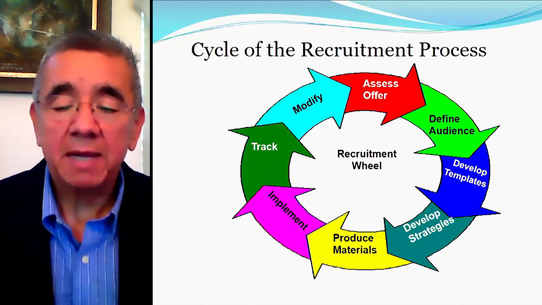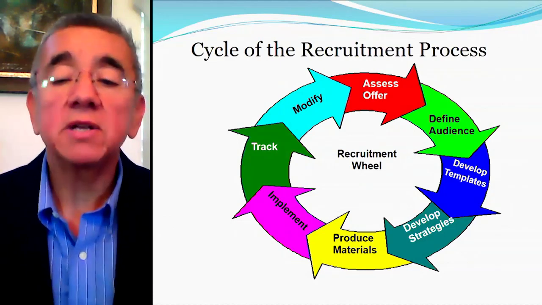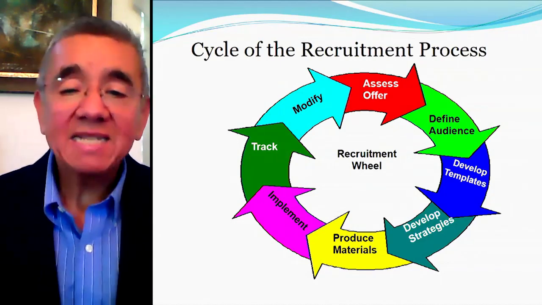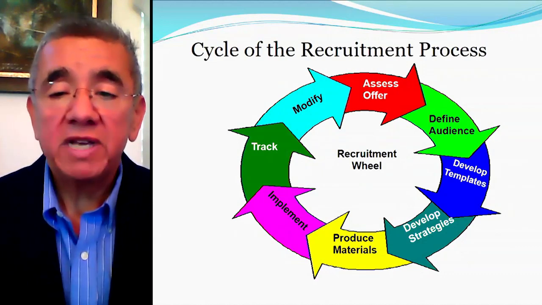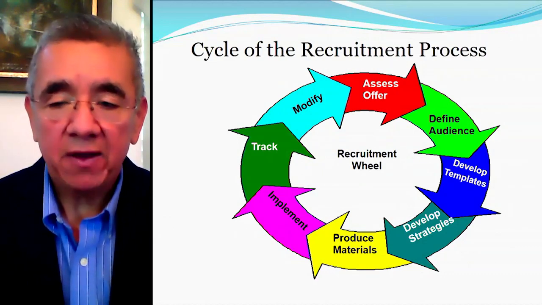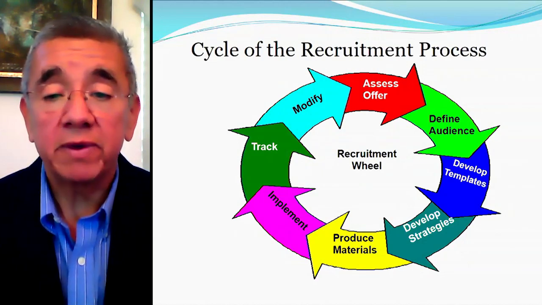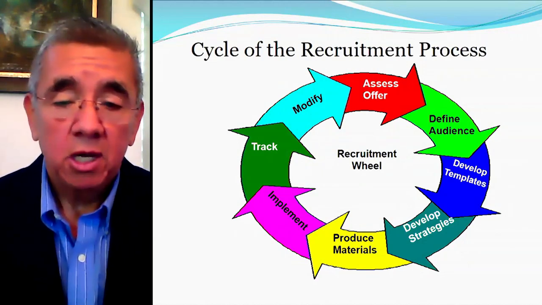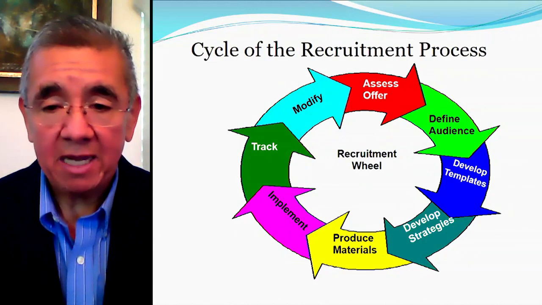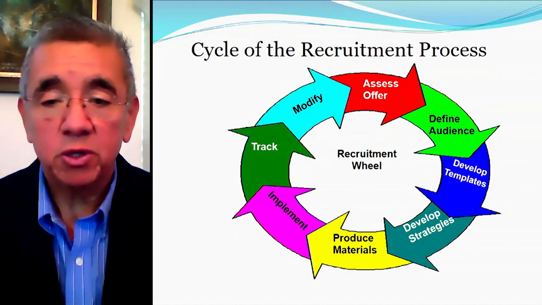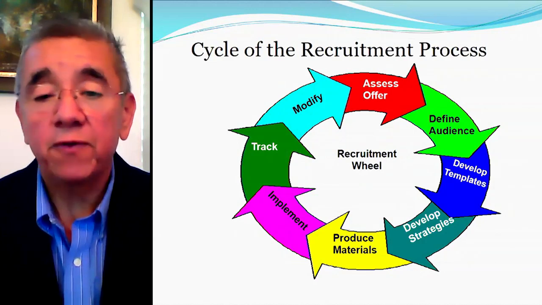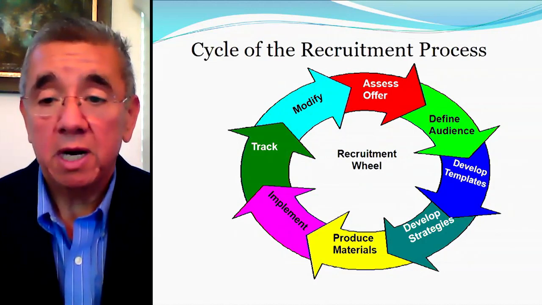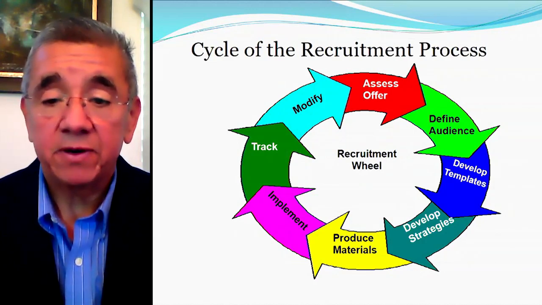When I say develop templates, we develop all the flyers, ads, and public service announcements, and we put a package together for the Institutional Review Board, the IRB, to review all this language and the pictures that we're going to use in social media and in campaigns that we're going to do for them.